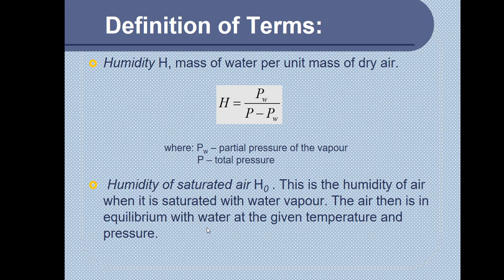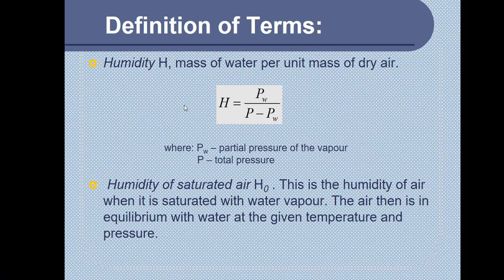Now, in terms of humidity, because we will be dealing with humidity in designing our dryers later on, we need to define what humidity is. Although we will study in detail the use of the psychrometric chart in the topic of humidification and dehumidification, for now, we will content ourselves with the definition first of humidity.